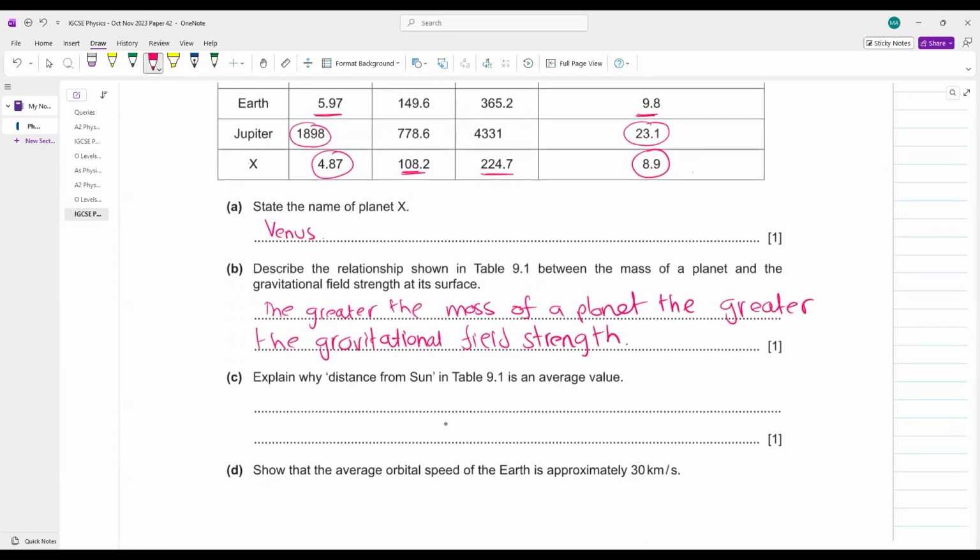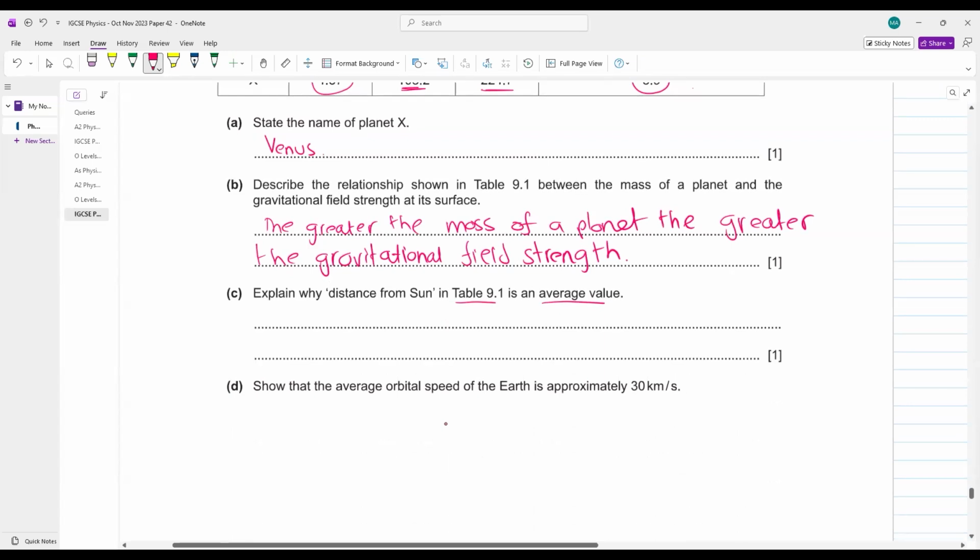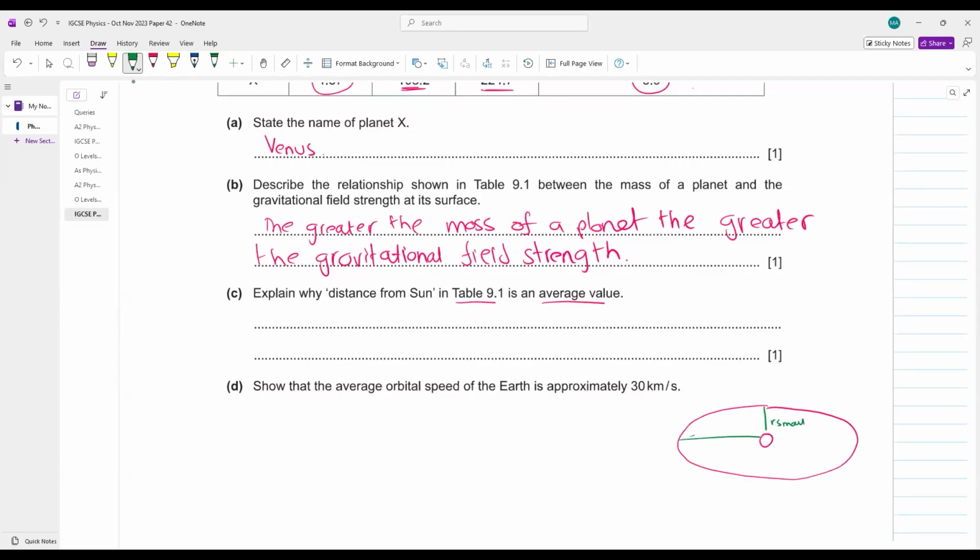व्हाई द डिस्टेंस फ्रॉम सन इन टेबल 9.1 इज एन एवरेज वैल्यू। बेटा क्या आपको ये बात पता है कि आपके जो प्लैनेट के ऑर्बिट्स होते हैं दे आर इलिप्टिकल, तो कहीं पे डिस्टेंस स्मॉल होगा कहीं पे डिस्टेंस लार्ज होगा, सो वी हैव टेकन एन एवरेज वैल्यू.